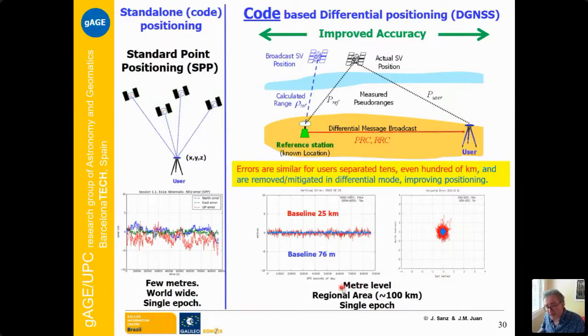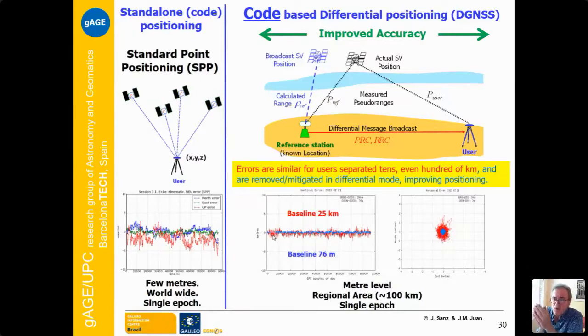Then we improve accuracy. We can achieve meter level in a regional area up to 100 kilometers in single epoch. Again, this works in single epoch. We can compute an independent solution each epoch.